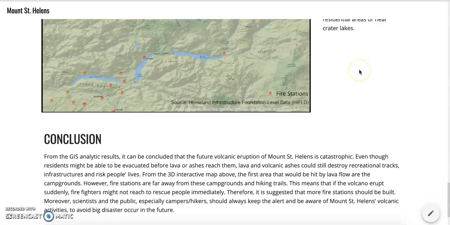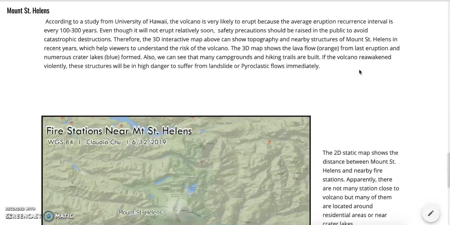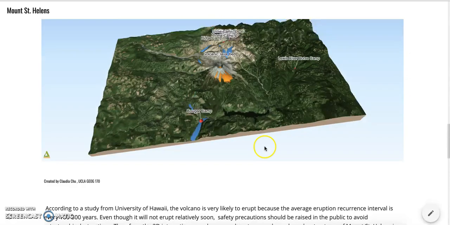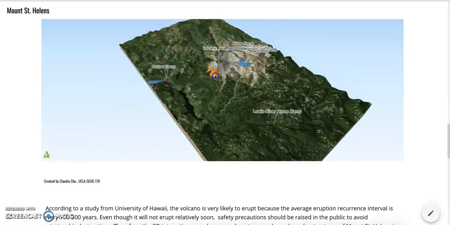From the 3D map above, as I said, the first areas hit by the lava flow will be the hiking camp, the camping grounds, and all the hiking tracks.